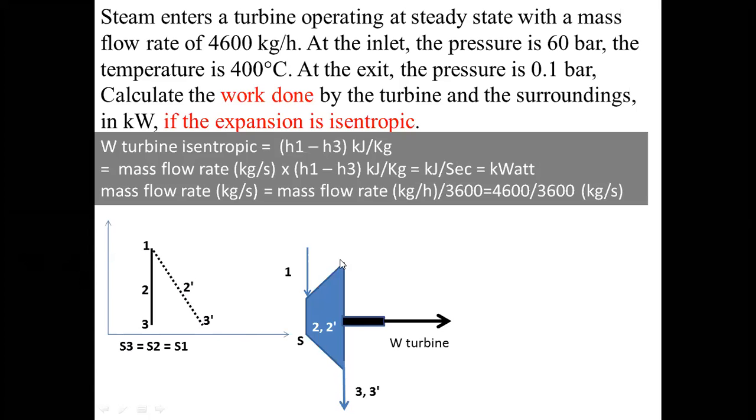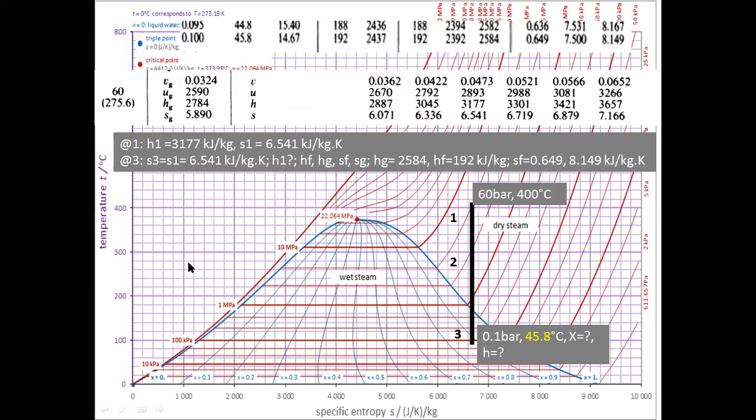The working fluid means the steam goes in, turns the turbine because steam expands, and finally leaves the turbine. So steam is the working fluid here. I believe you understand this very well.